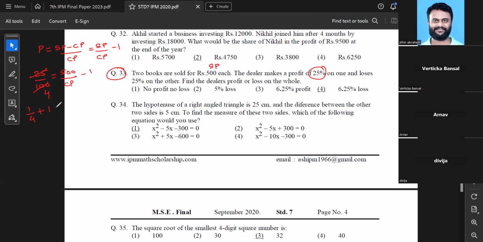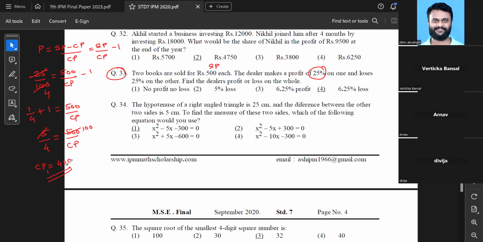So 1 by 4 plus 1 is equal to 500 divided by cost price. 1 by 4 plus 1 gives me 5 upon 4 is equal to 500 divided by cost price. I cancel 5 ones are and 5 hundreds are. That gives me the cost price of the first one to be 100 multiplied by 4, that is 400 rupees.